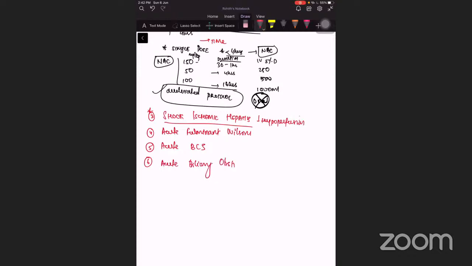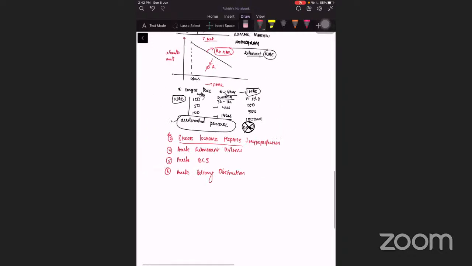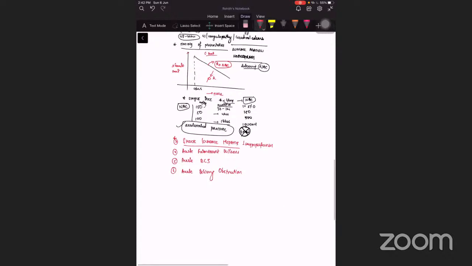In acute biliary obstruction, initially the pressure will cause release of the enzymes, so you can have an increase in the AST and ALT, and then later you get the subsequent elevation in ALP and GGT. So these are the things to remember whenever you are seeing enzyme levels in the thousands. Okay.